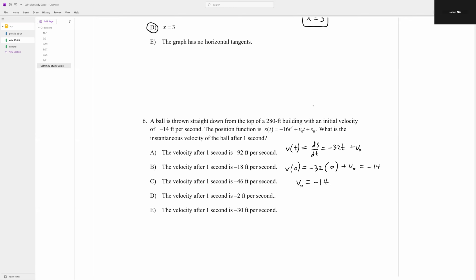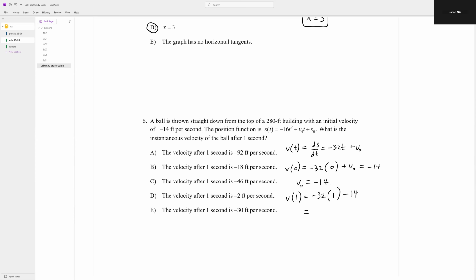Now the question is finally asking what is the velocity of the ball after 1 second? And so that's essentially asking us to evaluate v of 1. What is the value of the function v of t when t equals 1? And so that's going to be equal to negative 32 times 1 plus v naught, which we just found, right? Which is negative 14, minus 14.